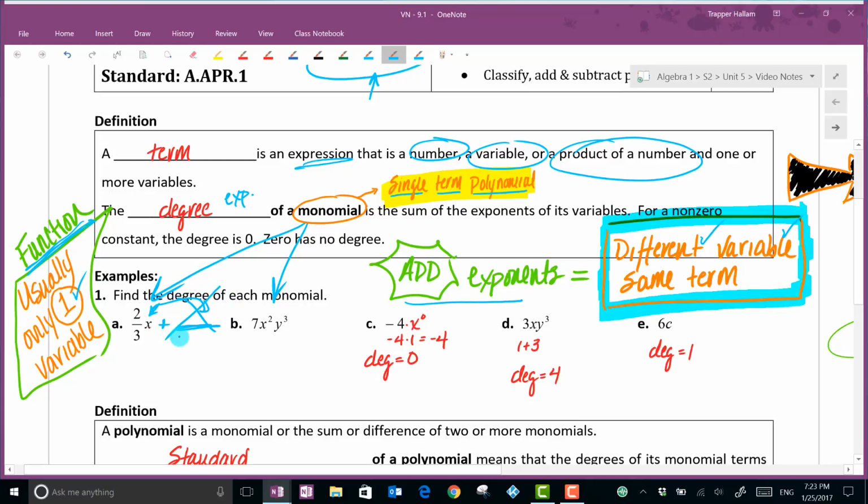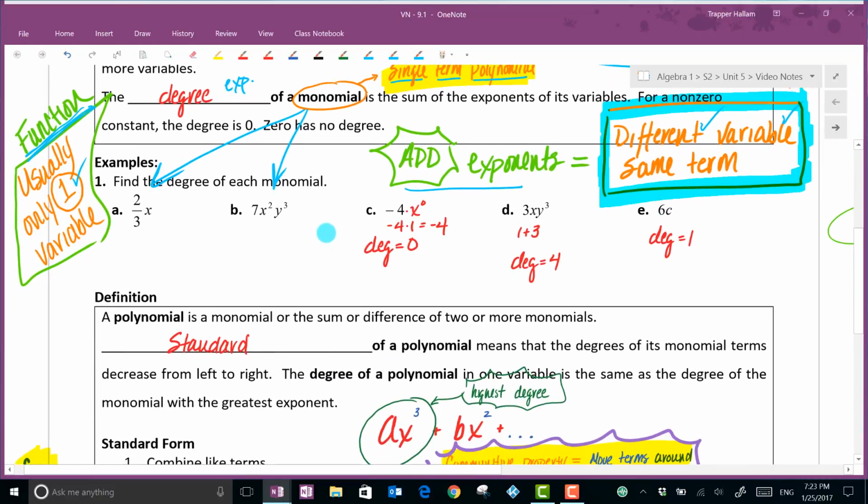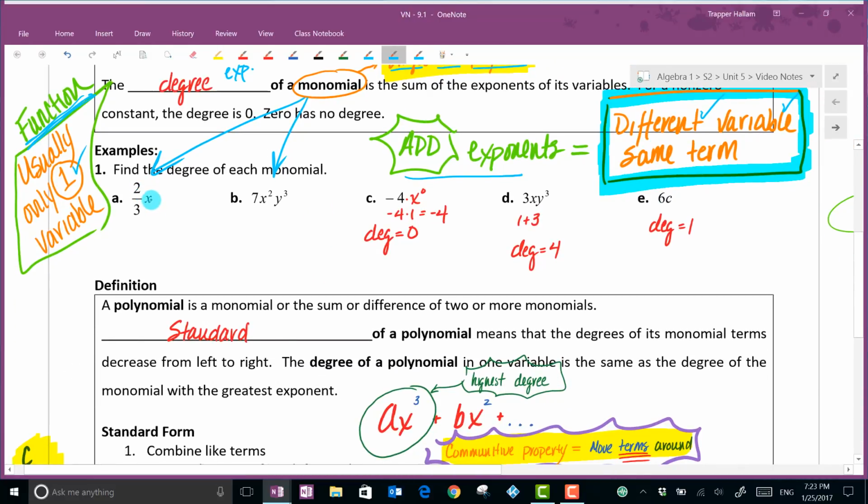Don't do that. Okay, that's what I'm trying to get you to avoid. All right, so without any further ado, there's a couple examples. Make sure you pause and write them down, but let's do these two. So this monomial here has one variable. We're going to take a peek at its exponent so we can find its degree. In this case, if it's not written, we know that it's 1. So the degree for this monomial is equal to 1.